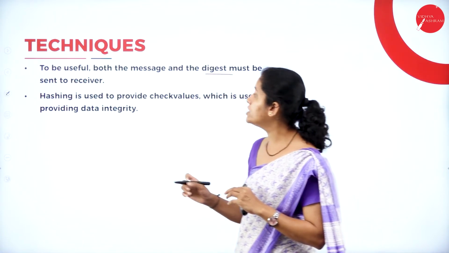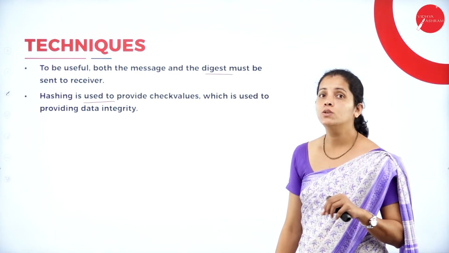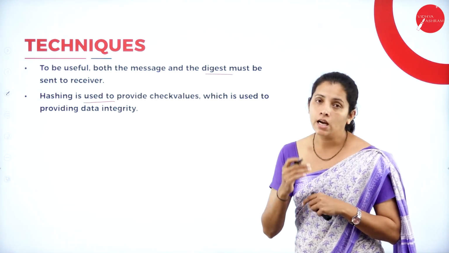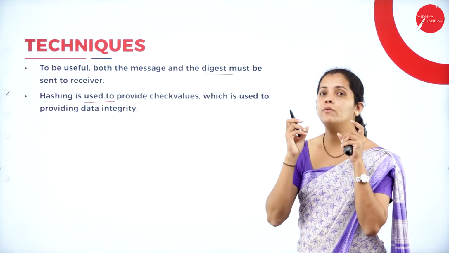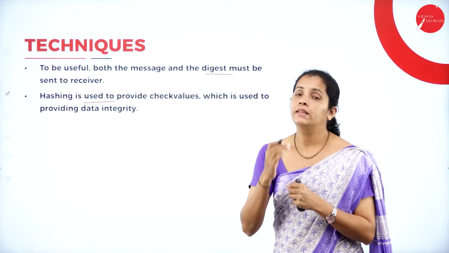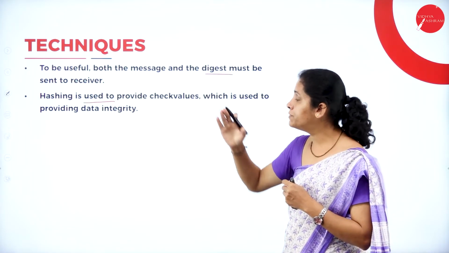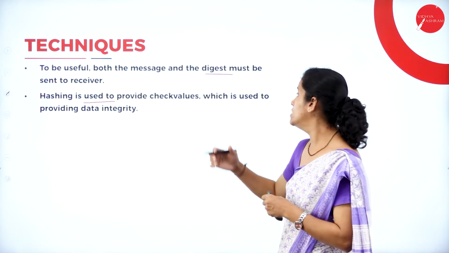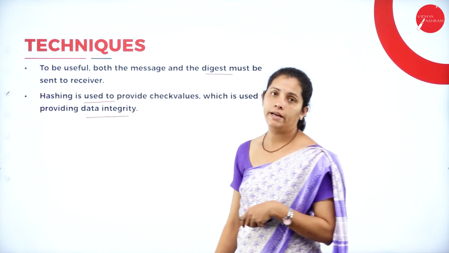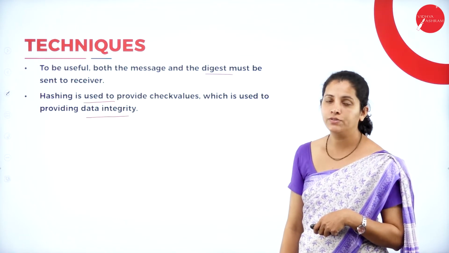Here hashing is used to provide a check value. That means where I'm going to use the check value is in data integrity. Whenever I want to provide data integrity, I can provide it with the help of check values. So hash functions are used to provide the check value, which is used to provide data integrity. This is the way you can use the hash function.